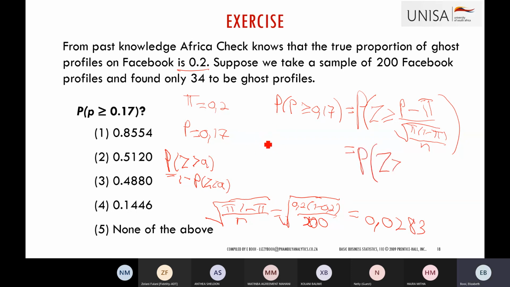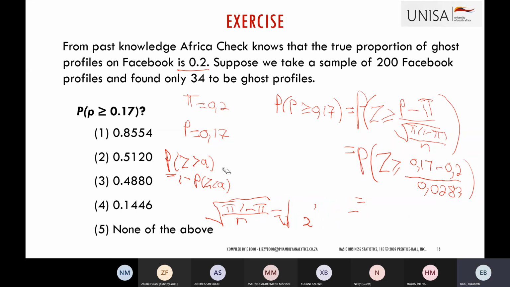So we can come here and substitute the values. Z greater than or equal to our P, 0.17, minus the population proportion 0.2, divided by 0.0283. We found that.